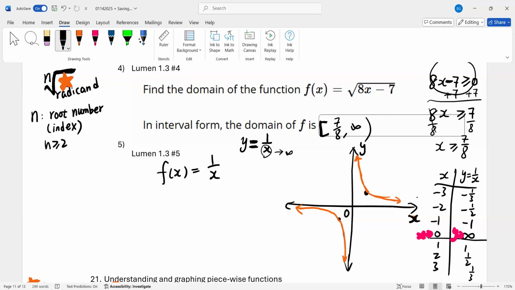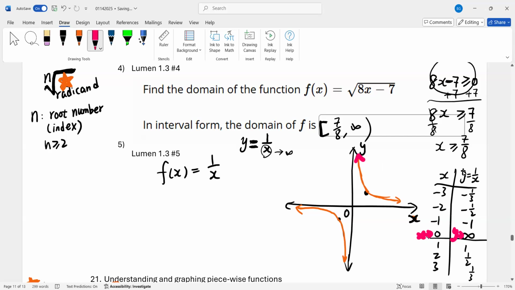Think about if x is a million, a trillion, or even a zillion, a very, very large number, that makes the y value very, very tiny, right? On the other hand, when x is a very tiny number, that makes y a very large number. That's why here goes up, right? And the other branch is similar.